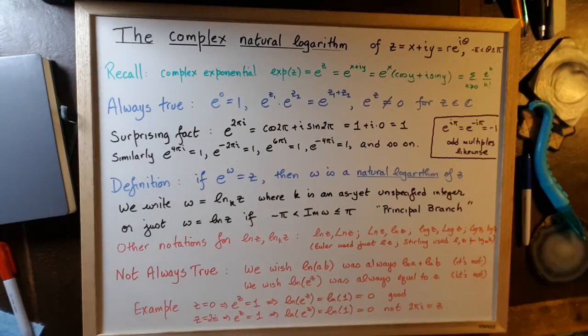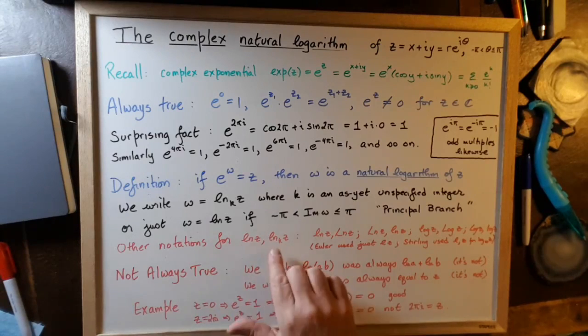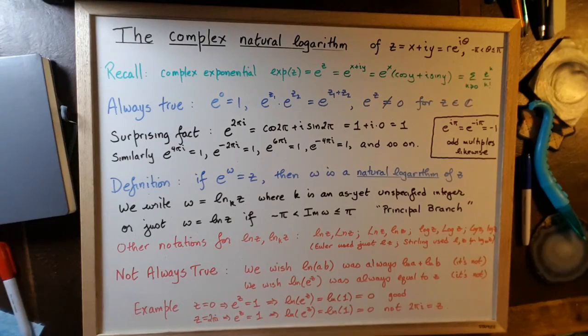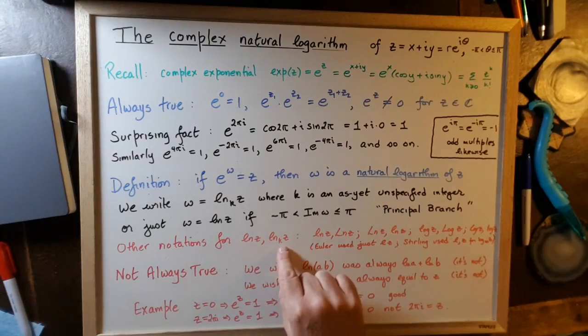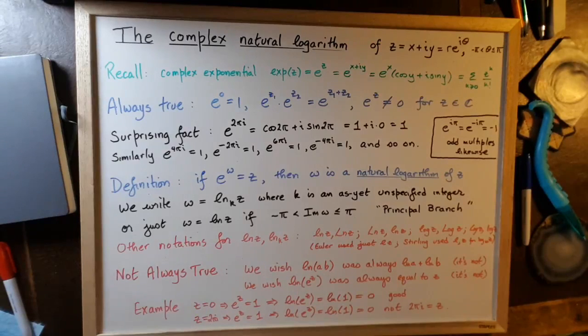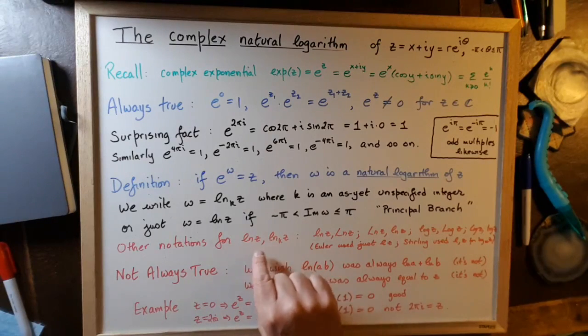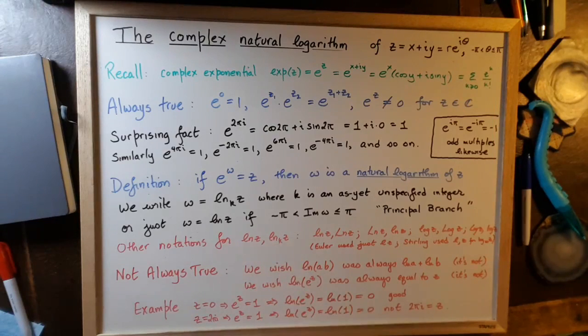This is not in any textbook. There's no textbook yet that uses that notation. This notation was invented by my colleague David Jeffrey, and I think it's an excellent notation and completely unambiguous and really useful. We'll see exactly what I mean later with this. But for now, it's just the distinction between the principal branch and any other branch.